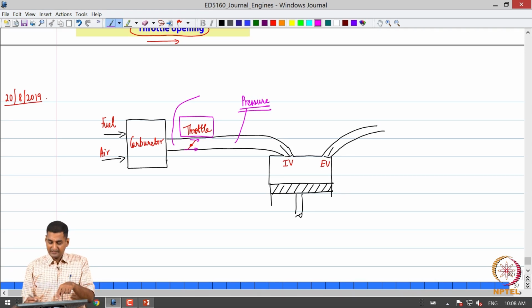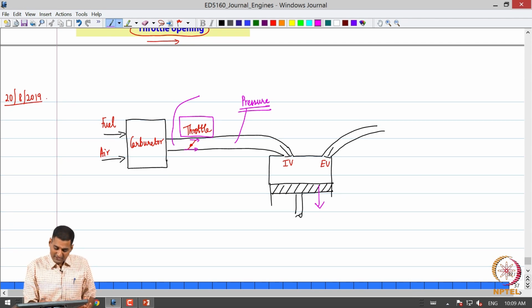The pressure downstream of the throttle, with the throttle valve at its minimal opening and the piston being pushed downwards, is going to be small, because the throttle is closed and there is only a very small opening.